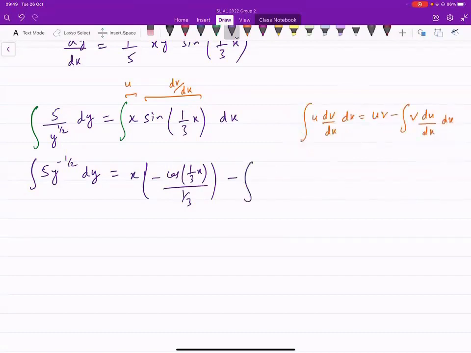Minus integral of v. v क्या है? It's minus cos 1/3x again divided by 1/3 multiplied by du over dx, which is just 1. We have to integrate this thing now.